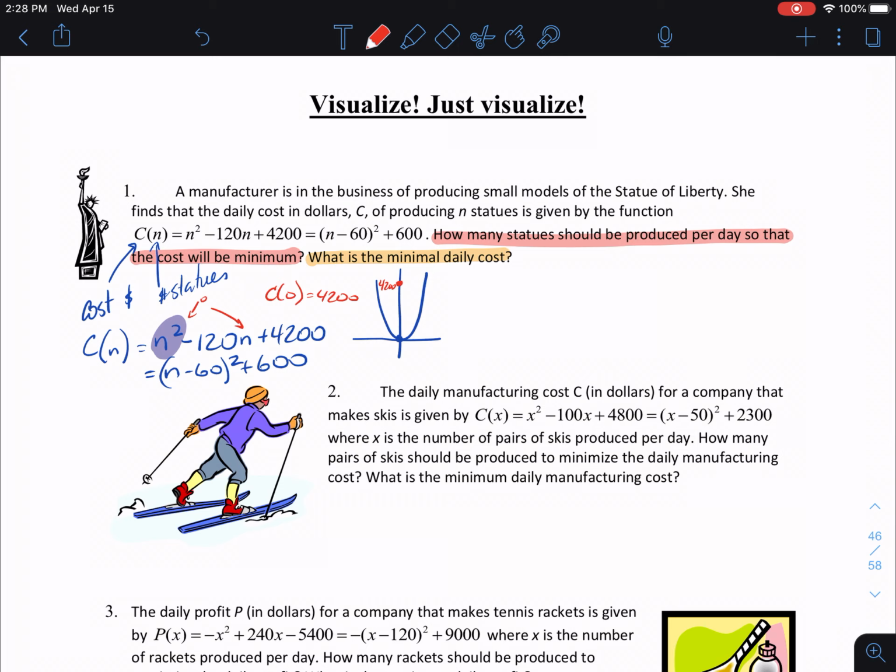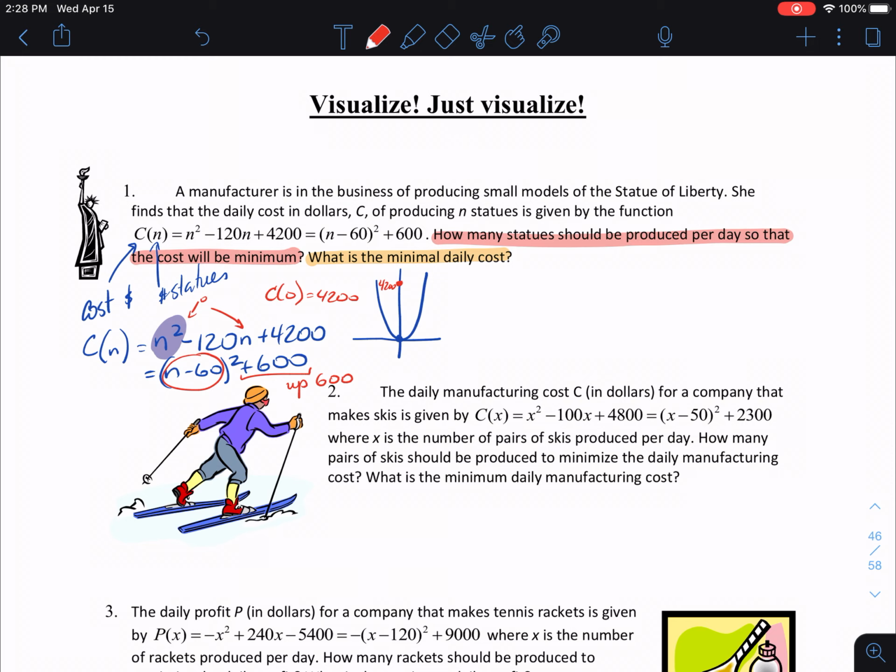What else do we know? We also know that our vertex is going to be shifted to the left or the right, and also shifted up. It would be shifted up 600, because all the values are shifted up 600.